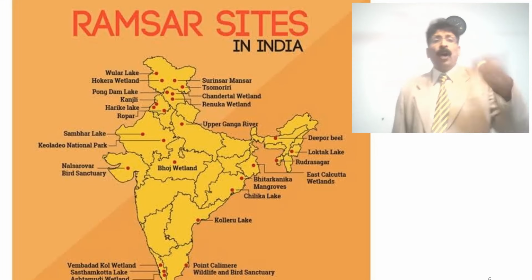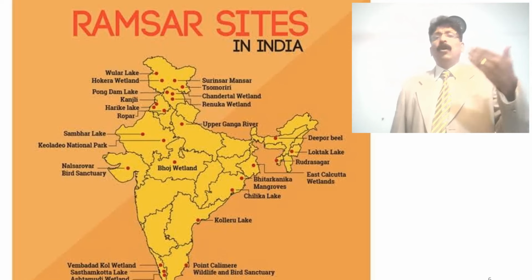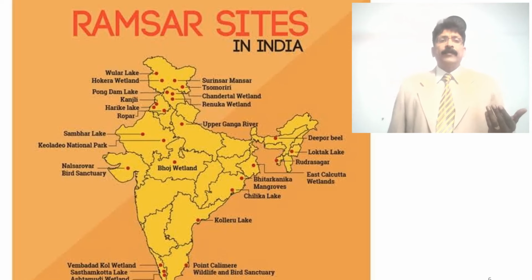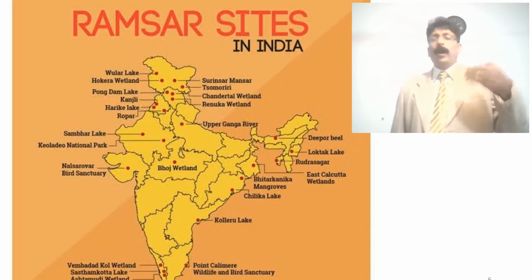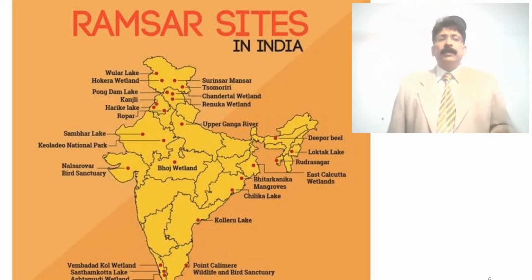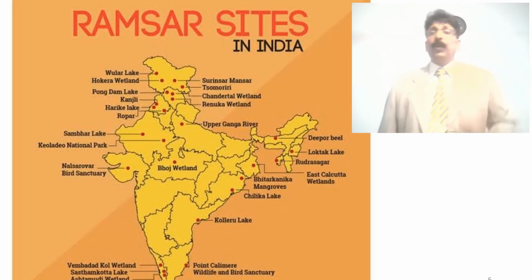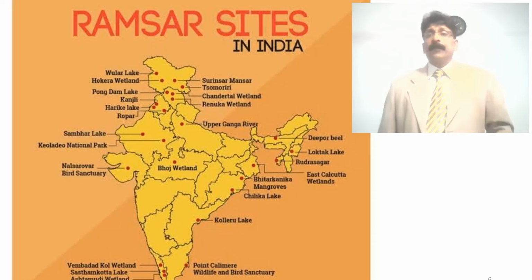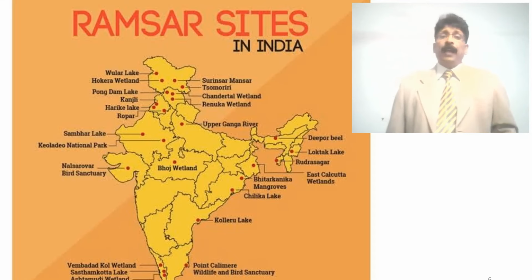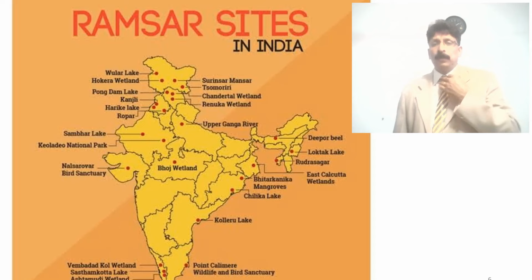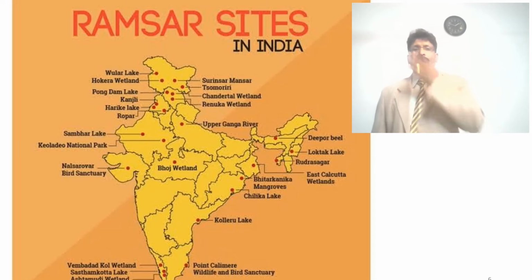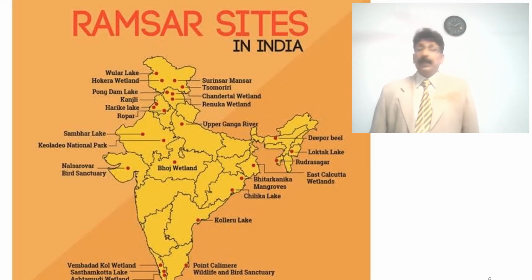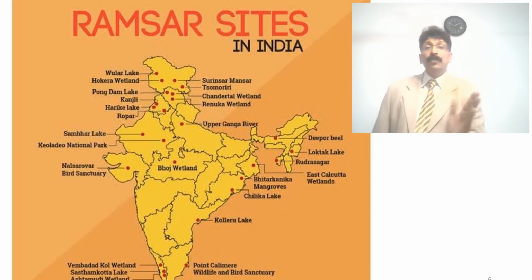Now, the Ramsar sites in India: in the north we can see Wular Lake, Hokera wetland near Srinagar in Kashmir, and in Delhi also Renuka wetland, Chandertal wetland, and in the upper Ganges river also they can be seen.